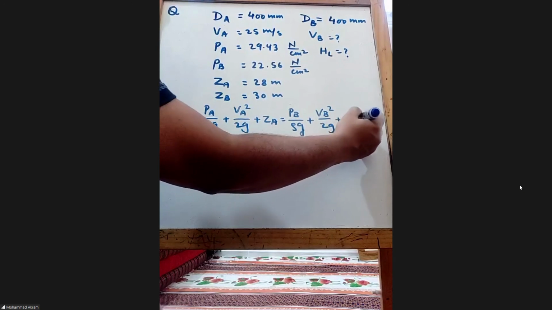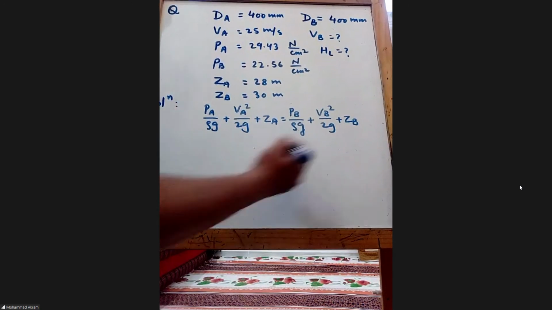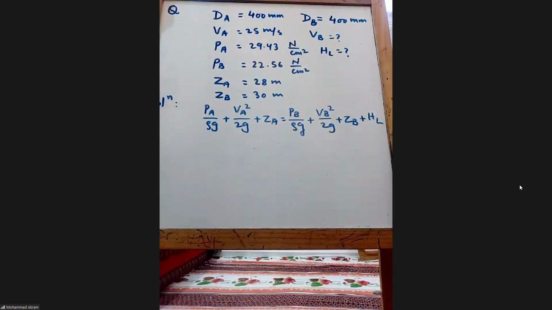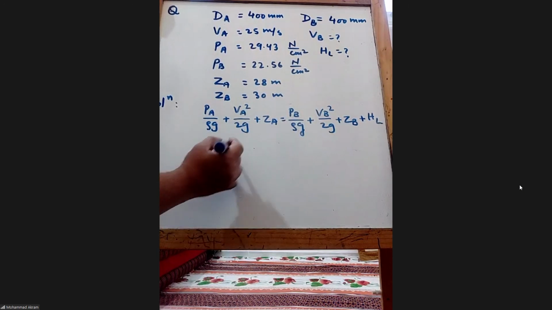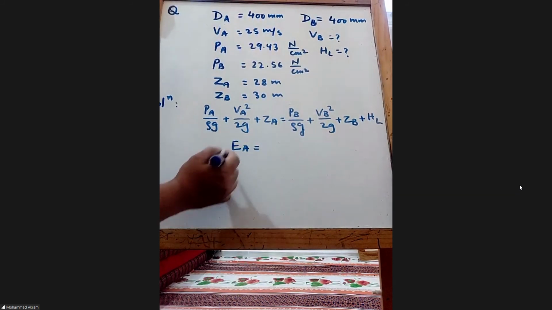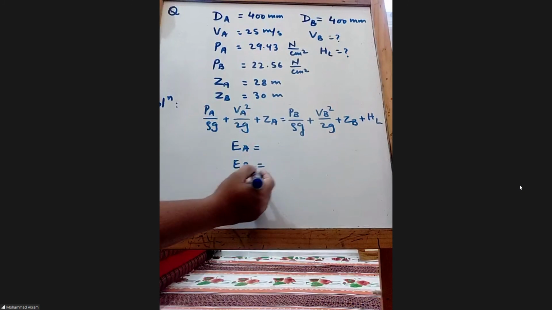So ideally it should be equal, but the difference between the two will be called the loss of head. You can also write this as energy at A. You calculate energy at A separately, calculate energy at B separately, and then how will you get HL?